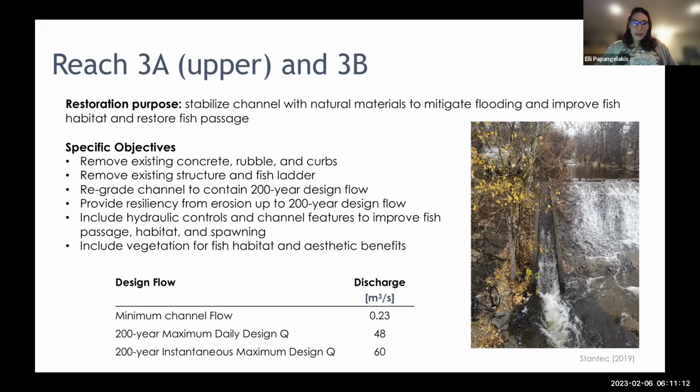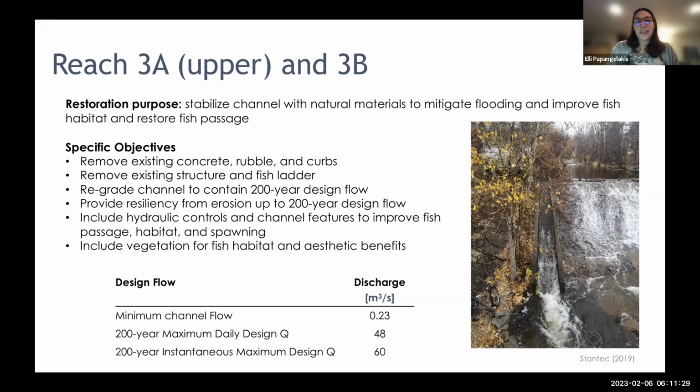So these are just showing their design flows. They went with the 200-year flow. They also had the maximum instantaneous discharge, but their design flow was the maximum daily design flow, which was 48 cubic meters per second.